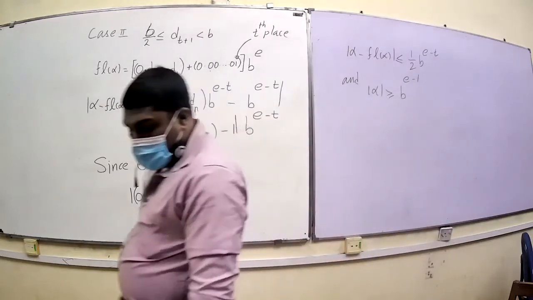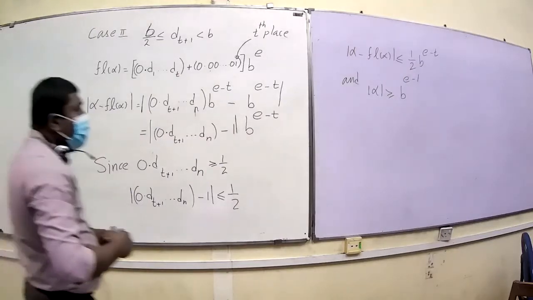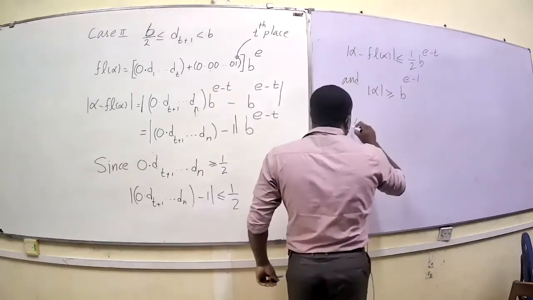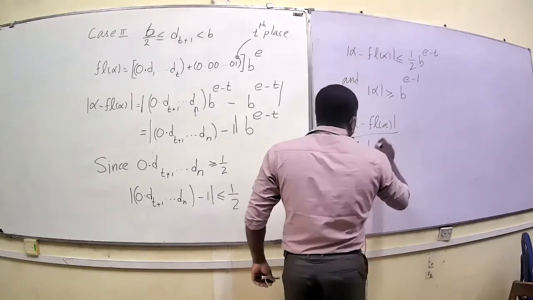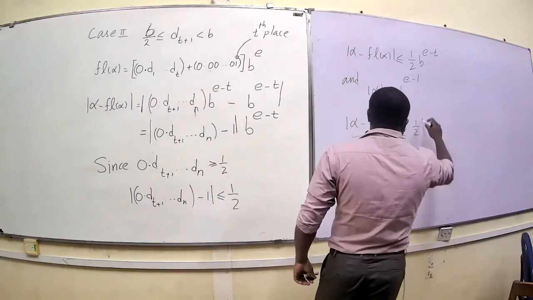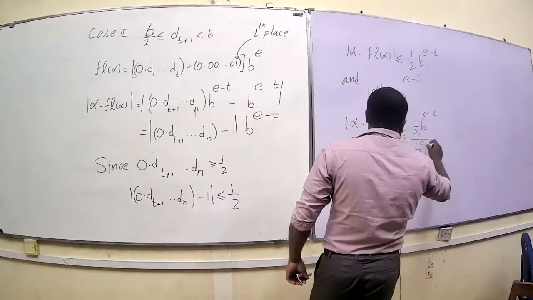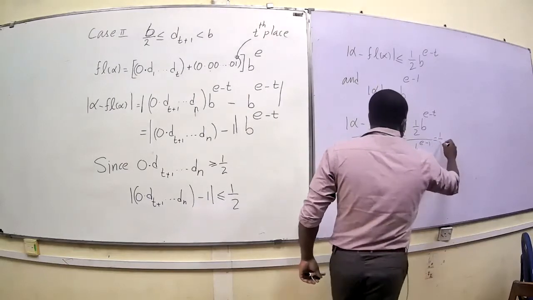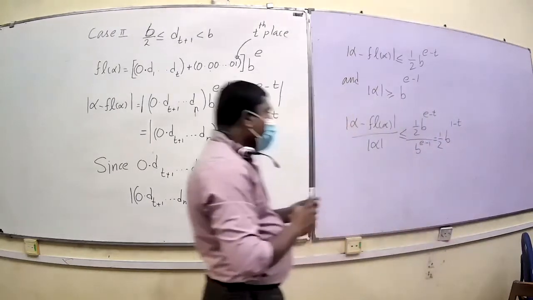Right, so if you combine both of them, you get the absolute value of alpha minus FL of alpha divided by alpha is less than or equal to half b to the power e minus t divided by b to the power e minus 1, that is half b to the power 1 minus t.